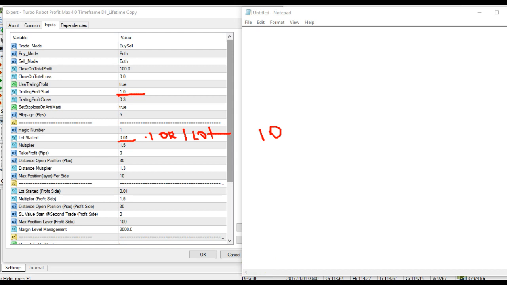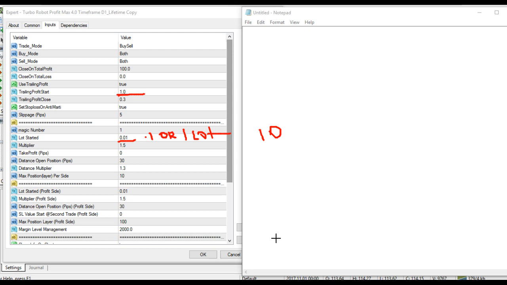So how to change this? What if I wanted to increase the value and your account is very small? You can use a cents account. A cents account means it will multiply your balance by hundreds.